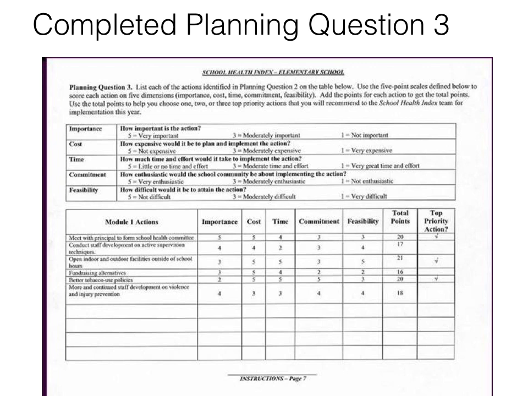By doing that, it can give you a sense of where you may start first. Maybe within your school environment, cost is critical. There's no money to invest in this. So you may look to start with action items that are inexpensive or don't cost anything.